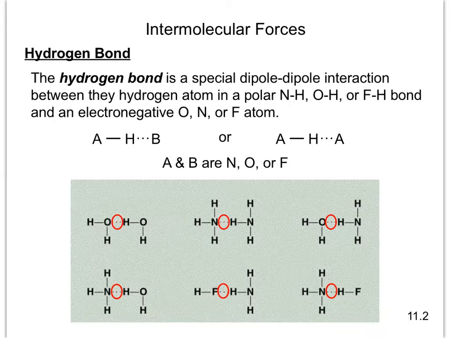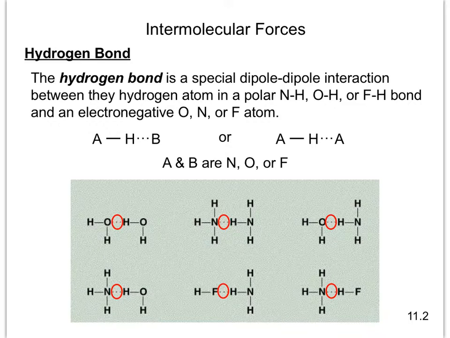What happens is that these atoms are very electronegative. Notice where they are on the periodic table, up in the top right. They're very electronegative, so they keep the electrons around themselves, and so the hydrogens don't have as much electron density around them.